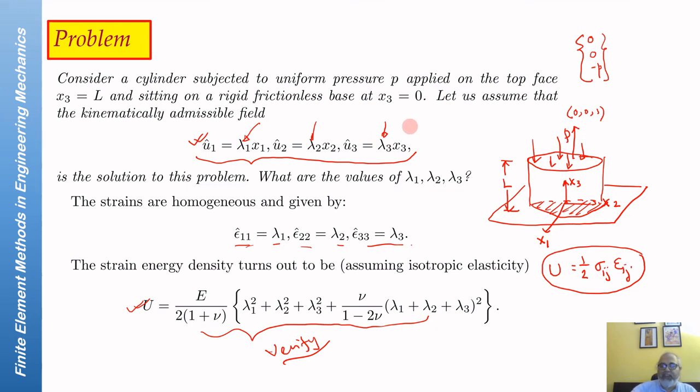And even if I am way off from the true solution, it will still be forgiving and give me an answer within the kinematically admissible displacement field that I have proposed. Okay, so we will expand on this. We will see how this minimization can be done formally, and most importantly how it can be done within the finite element method. Okay, that's in the next video.